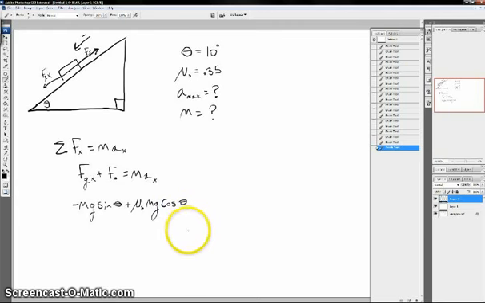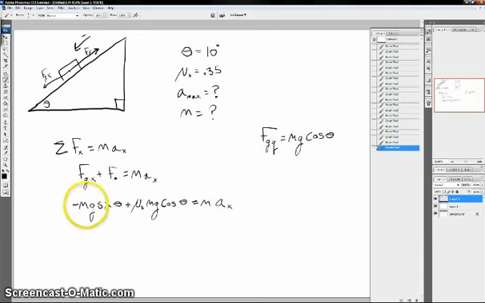Remember that the y component of gravity here has the cosine theta instead of sine theta. So what we've done here is to say that the y component of gravity is equal to mass times gravity times the cosine theta, and we're using that again as our normal force. All of this is going to be equal to the mass times the acceleration in the x direction.